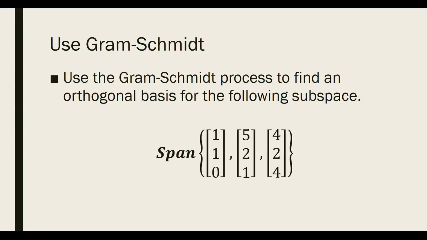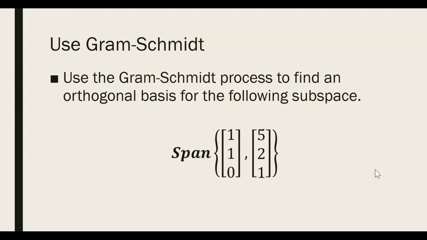Now the question comes up, what if we have 3 elements? What if we have, excuse me, 1, 1, 0, 5, 2, 1, 4, 2, 4. Now, interestingly enough, we've already dealt with the span of these first 2 vectors, 1, 1, 0 and 5, 2, 1.